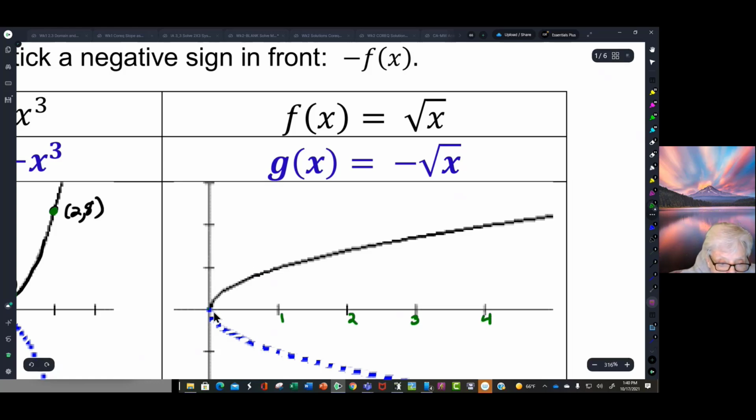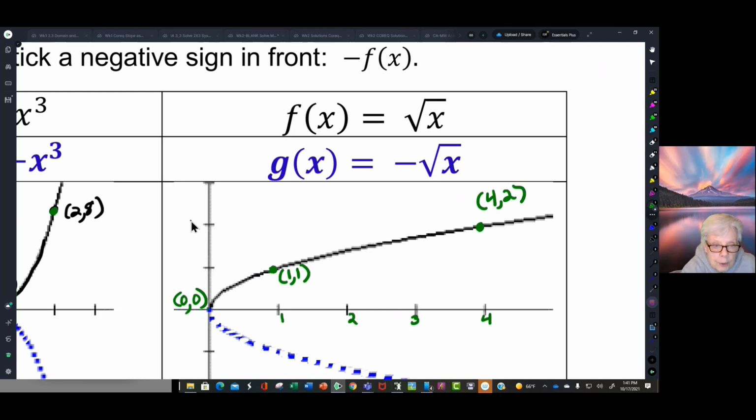Here's 0, 0. Here's 1, 1. And here is 4, 2. There's 2 right there, 2, 1.